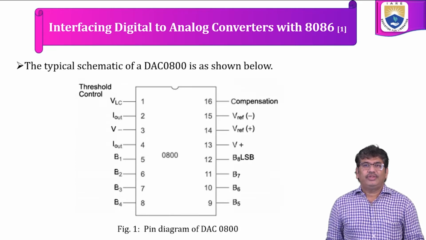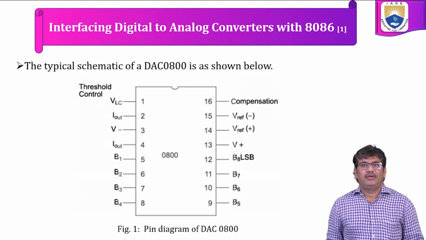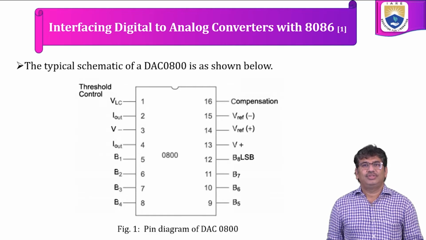So whatever value you pass on these lines B7 to B1 will be converted into output current that we can get from IOut. By connecting a current to voltage converter at the output side of 0800, we can get the equivalent voltage for the given binary numbers.